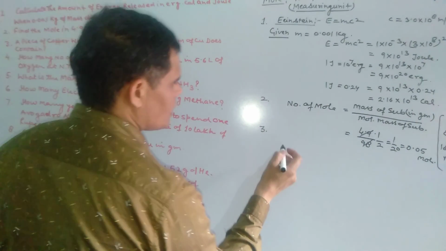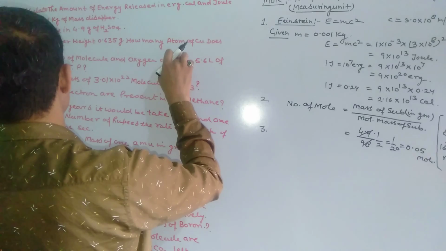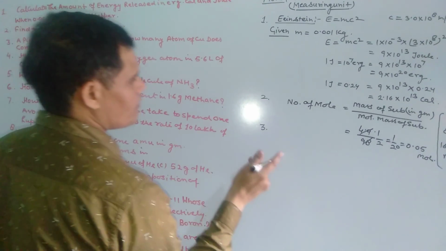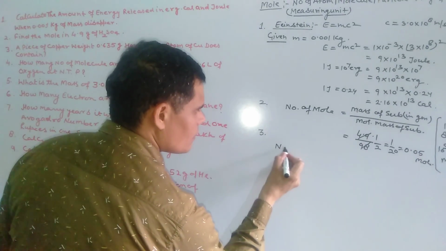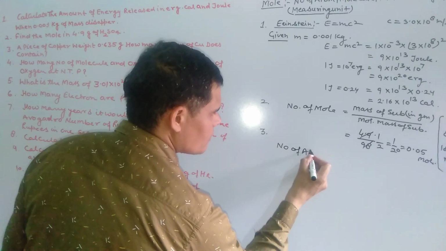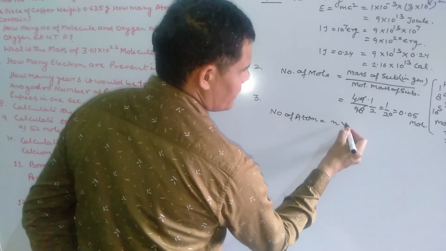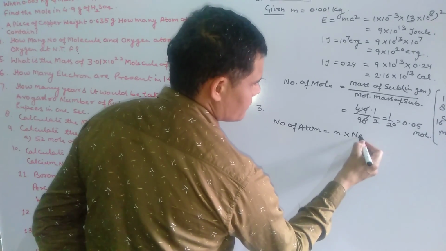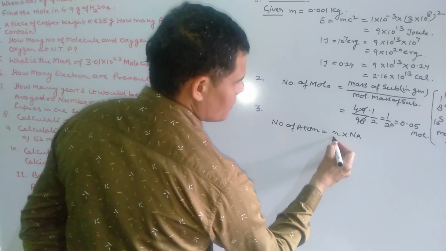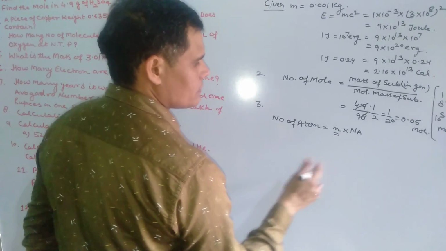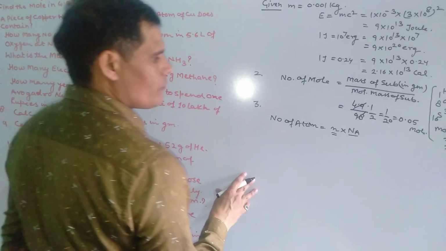The simple formula to find the number of atoms will be n into Na. n is the number of mole, Na is the Avogadro number.